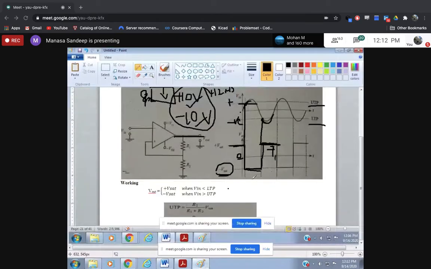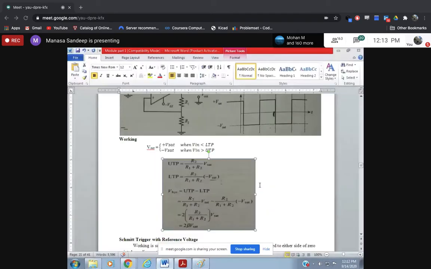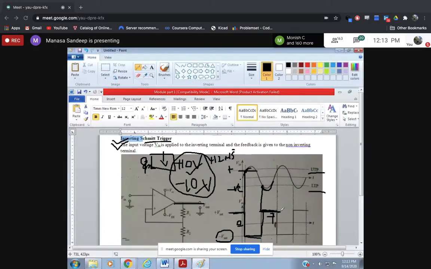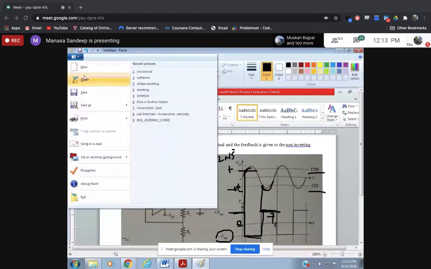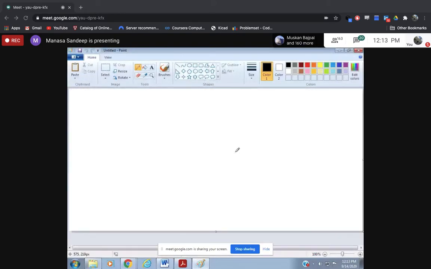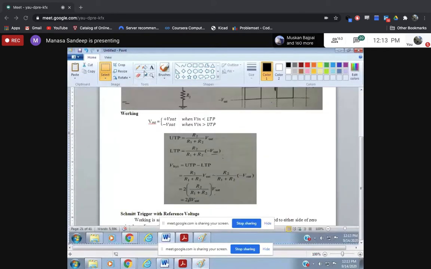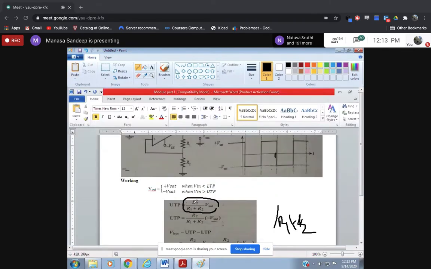So here you have this UTP value. This UTP value is given by R2 divided by R1 plus R2, into V saturation.